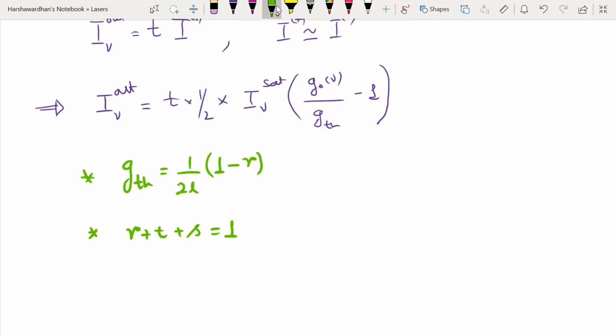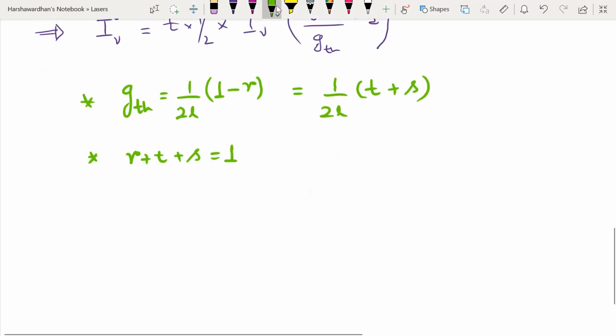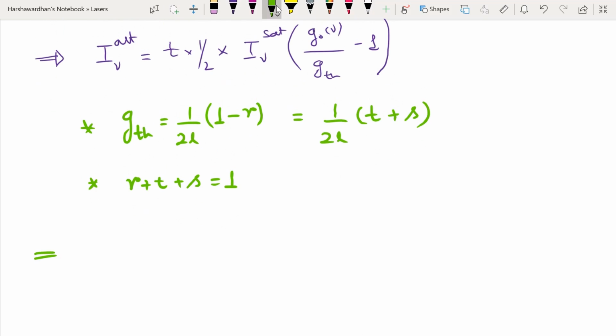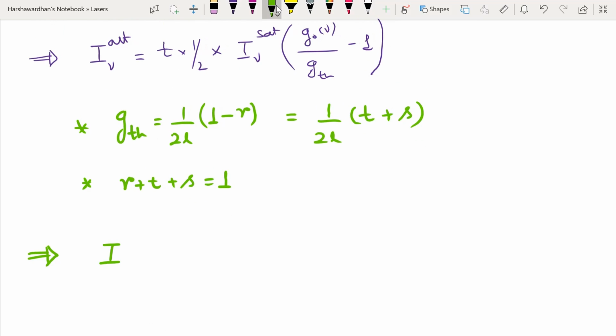So I'm saying all the action is happening at the output mirror. So I can as well write this as 1 by 2L, and 1 minus R can be replaced as T plus S.